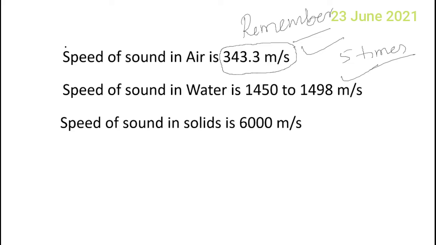Now, why is the speed different? What is that property of solids that makes sound go at more speed compared to air and water?